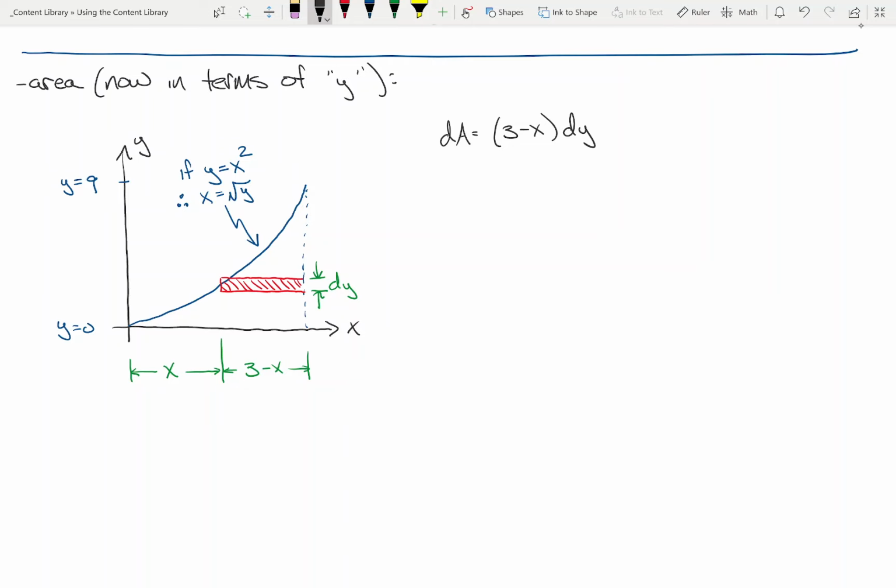Is that fair? The width times the thickness? Is that fair? And this is going to be that, right? Is that right?